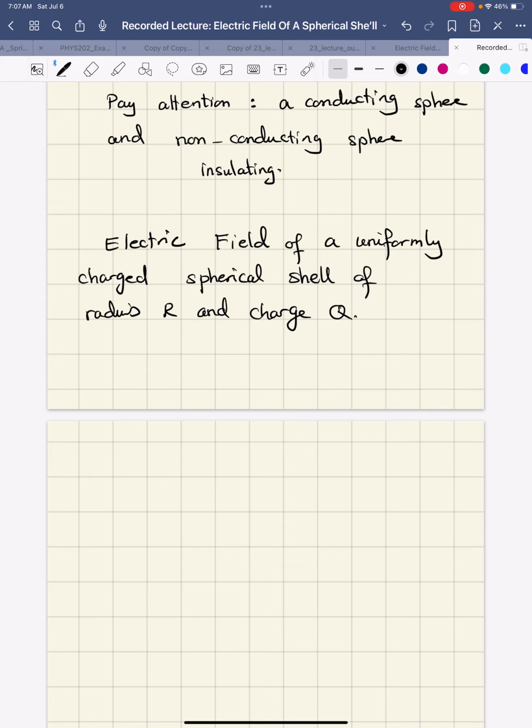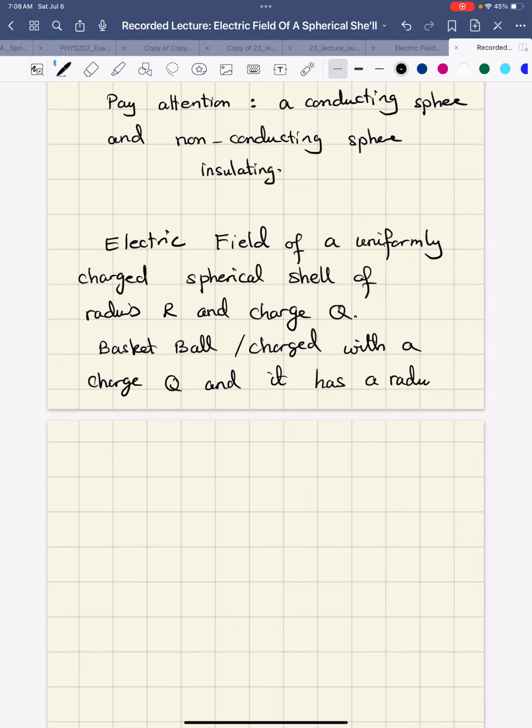Some of you may want to know what it looks like. Say I have a basketball, and it is charged with a charge Q, and it has a radius R.